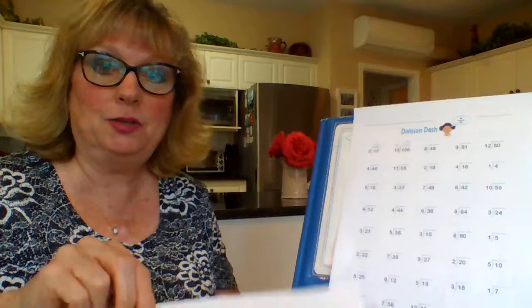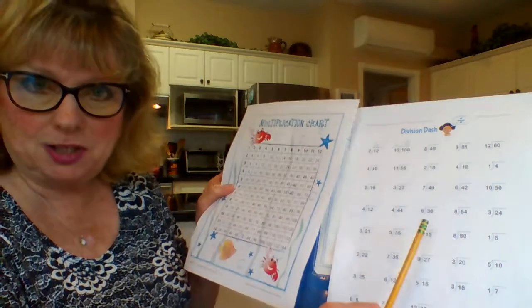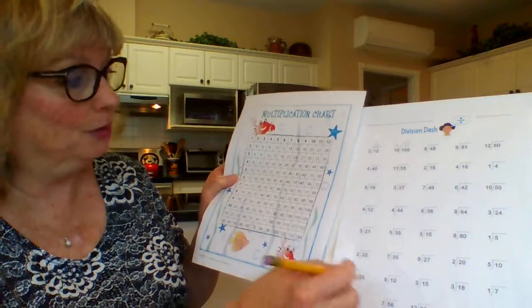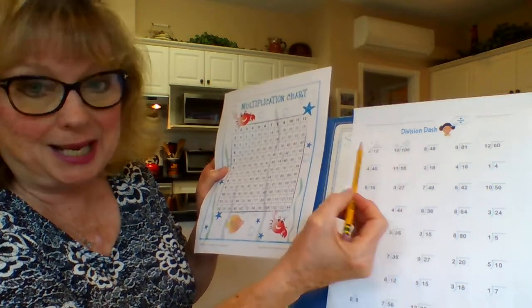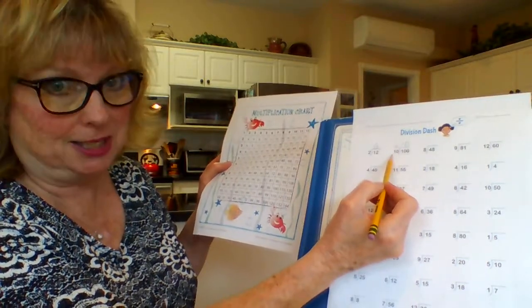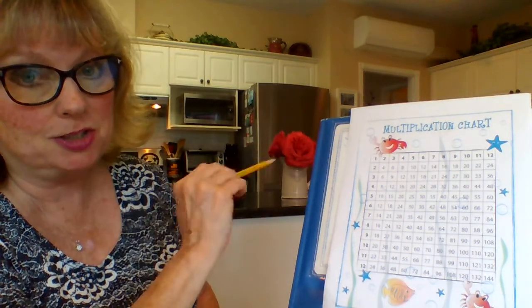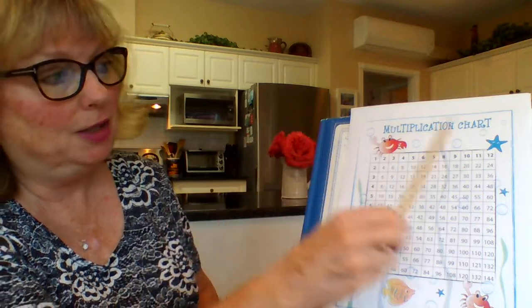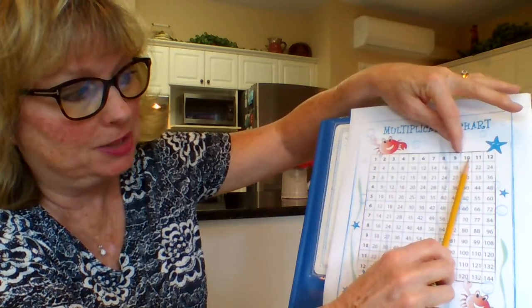Now, how do we use the multiplication chart when we are looking at a division paper? We've talked about this already. So we had 100 here, the two different numbers, 100 divided by 10, okay? Well, let's do that. Let's find 10, and we know the answer was 10. So we find 10, remember we find it all the way up to that number, 10.